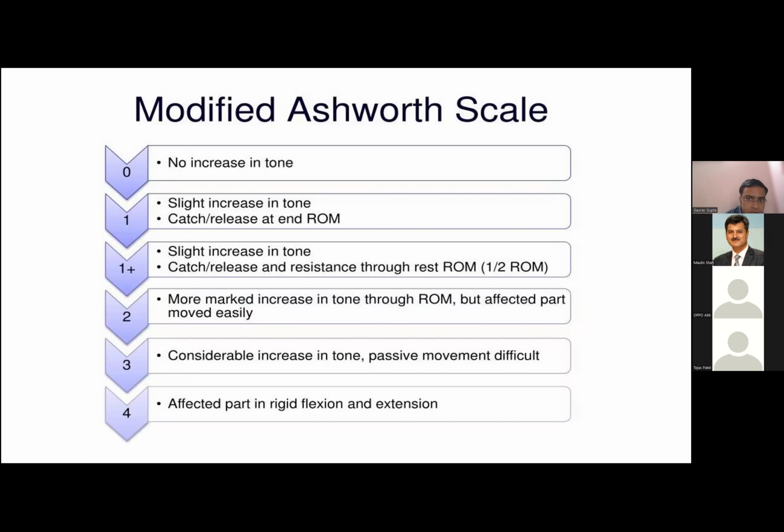Grade 2, in most of the range. Grade 3, where there is a very high tone, but we are able to move the joint. And grade 4, where we are absolutely unable to move the joint. So we can grade the tone on the basis of this scale.